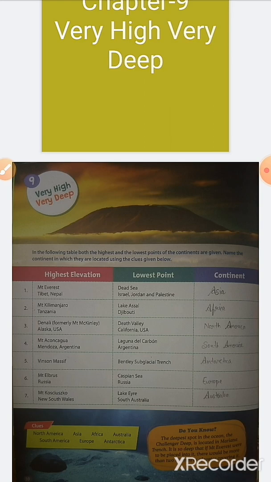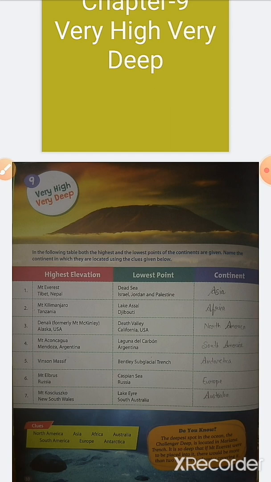Number 5, Vinson Massif. Mount Vinson Massif is a large mountain massif in Antarctica, that is 21 kilometer long and 30 kilometer wide. It is 4,892 meter high from the sea level.